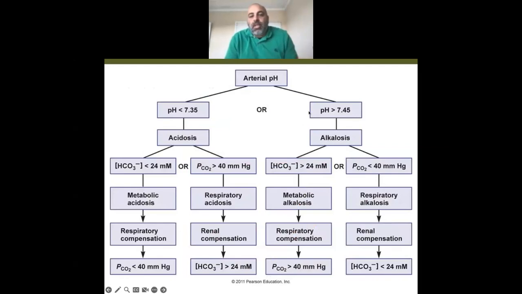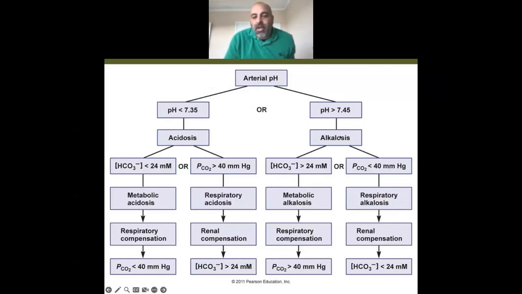Okay. This crazy chart isn't in your notes, but you really should memorize this chart. It will make a big difference for you in the future in understanding acidosis and alkalosis and which one is the causation. How you read this chart, you always start with arterial pH. If it's less than 7.35, you're looking at an acidosis.